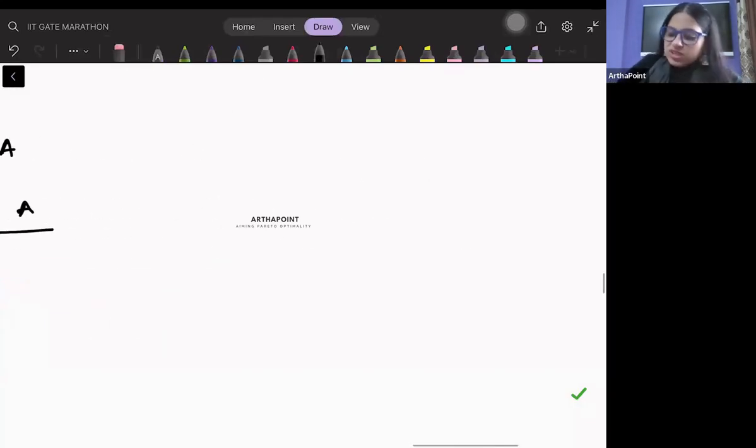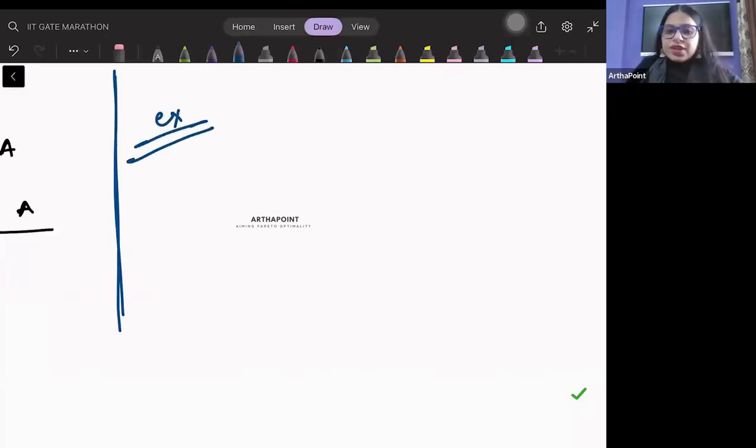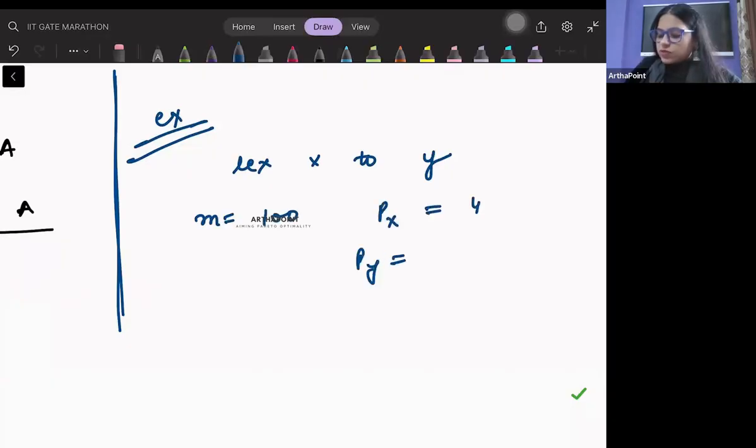Now, suppose in the exam they give you lex x to y and they give you some income level. Income is 100. Price of good x is 4. Price of good y is 5, or take less, take the price of good y as 1, to increase some confusion.